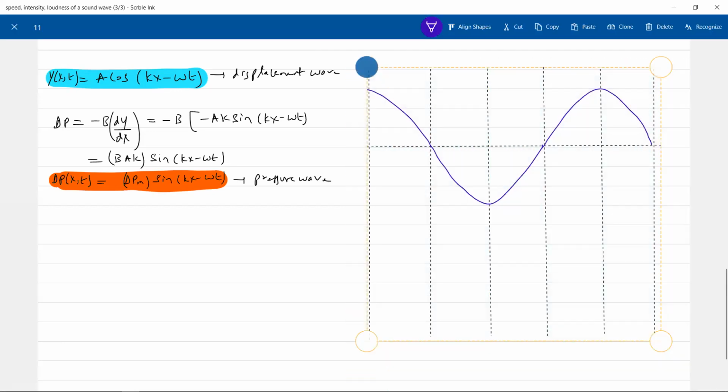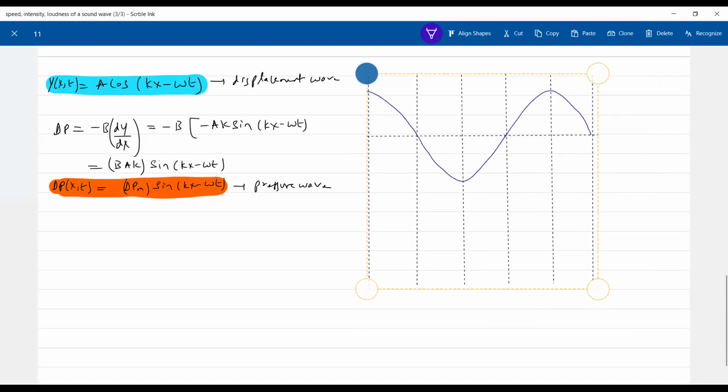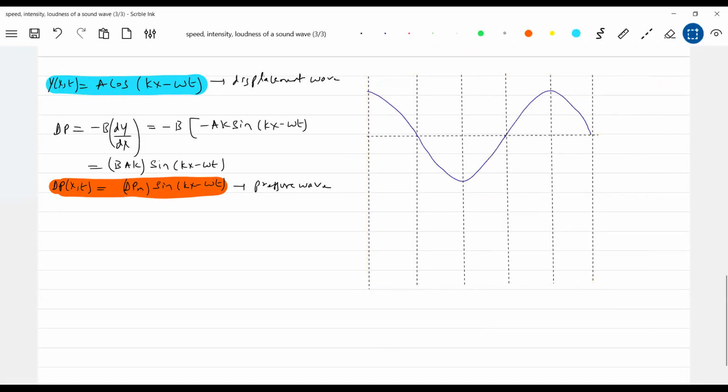Okay, we'll compare many particles so that it'll be easy for you.